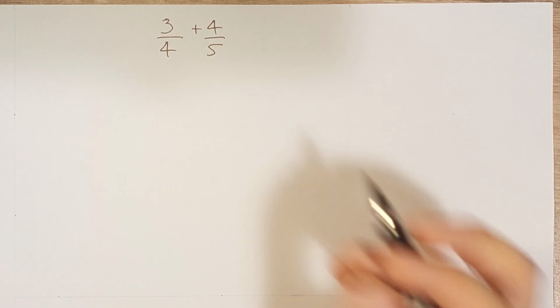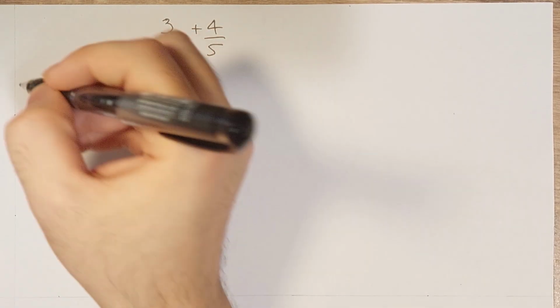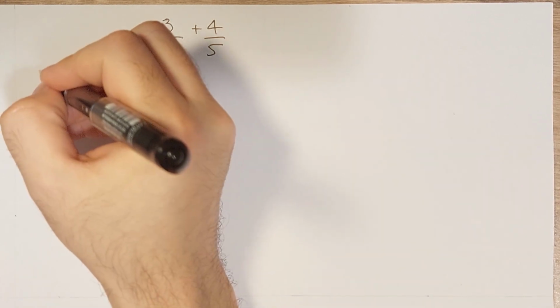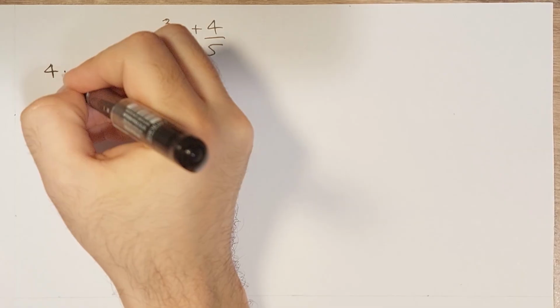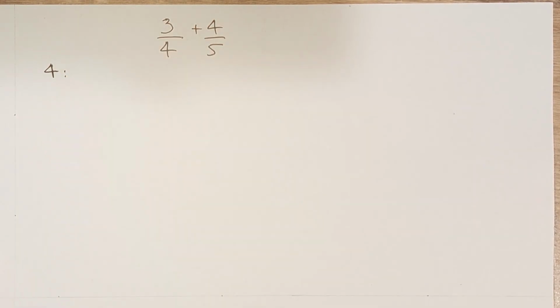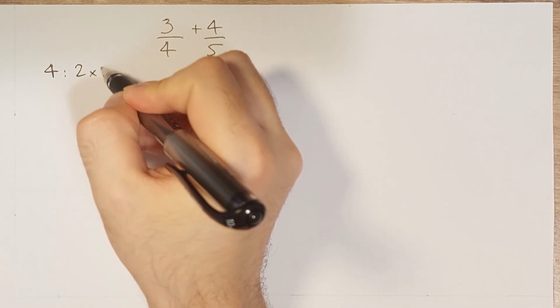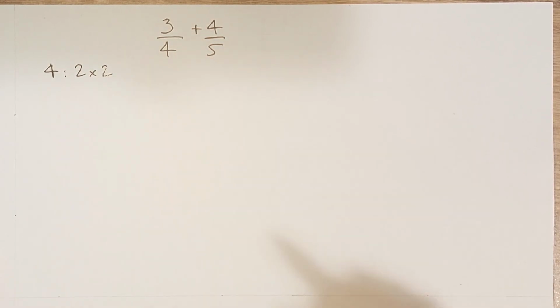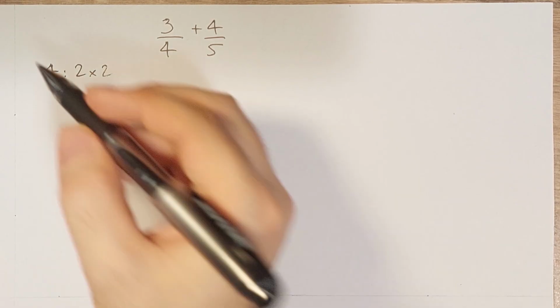The LCM we can find by a few methods. I will use the prime factorization method. 4 can be split into 2 times 2. These are the two prime numbers that we multiply to get 4.